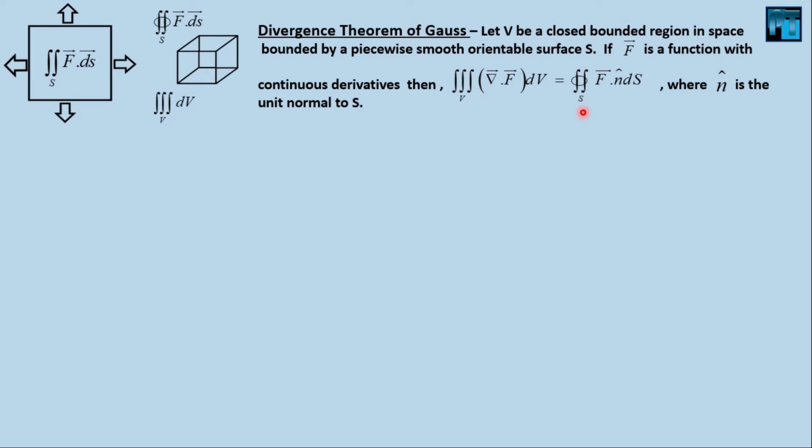I have told you already in my previous lecture that Stokes theorem is a powerful tool. Why? Because it converts the surface integral into a line integral, that is, a complex form to a simple form. In analogy with that, this is also a very powerful tool. Why? Because we all know that volume integrals are quite a bit simpler than surface integrals. Actually, in my opinion, among these three types of integrals, the most complex is the surface integral.